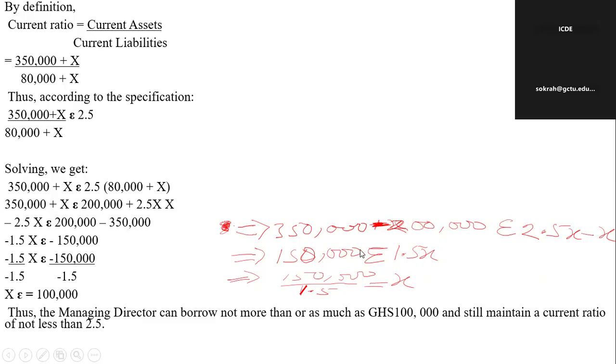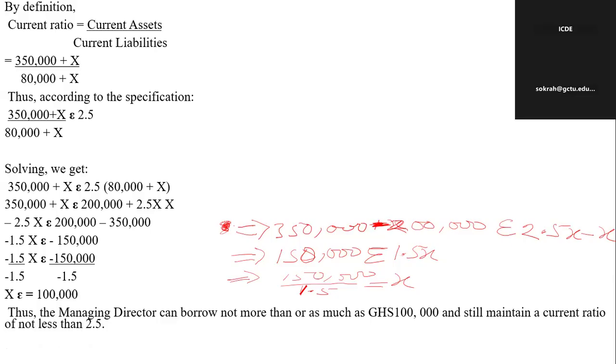Same way you divide 150,000 by 1.5, and that is what gives you this 100,000 here. Then you can now conclude. The managing director can borrow not more than or as much as 100,000 and still maintain a current ratio of not less than 2.5. That is all.